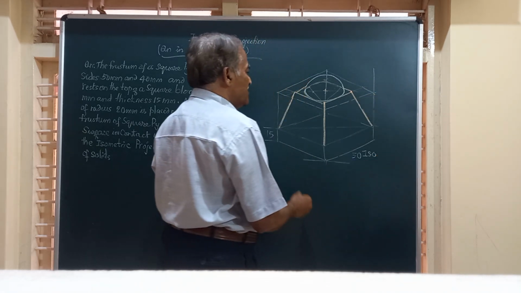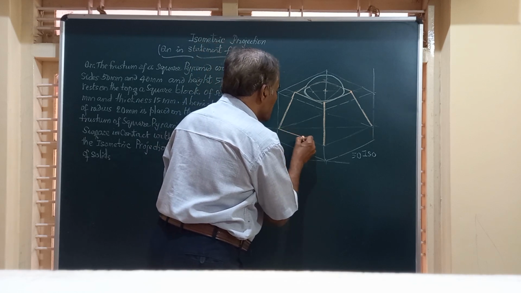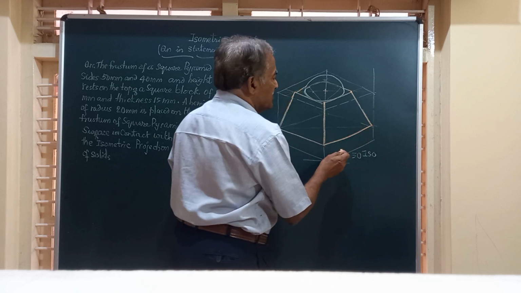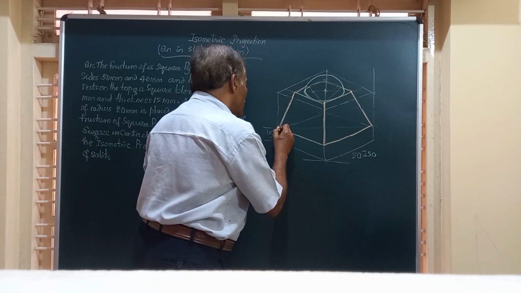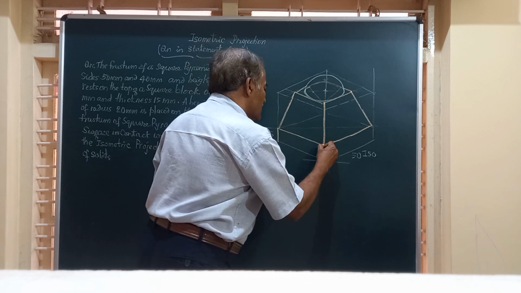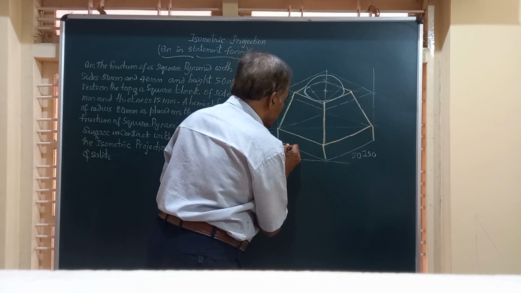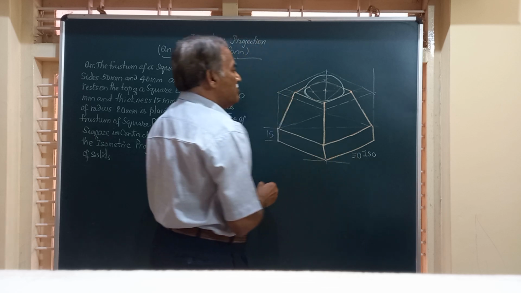We got three slant edges. Then these are all visible, friends. This is in front of you. It is visible. This is visible. And friends, these vertical lines are visible, and the bottom edges of the square block are also visible.